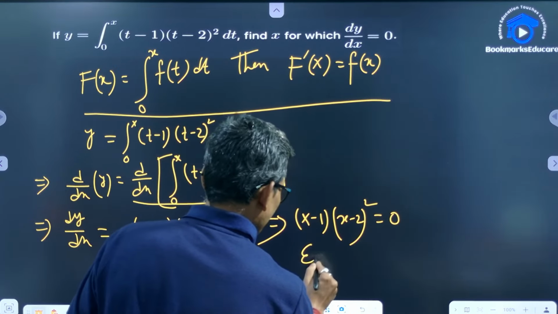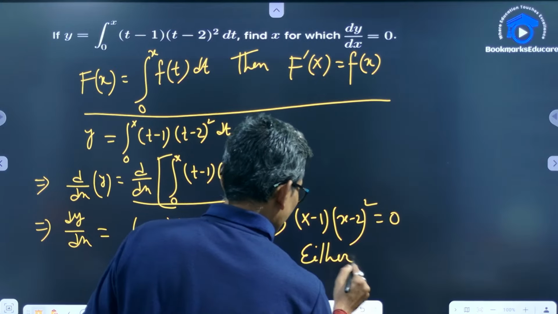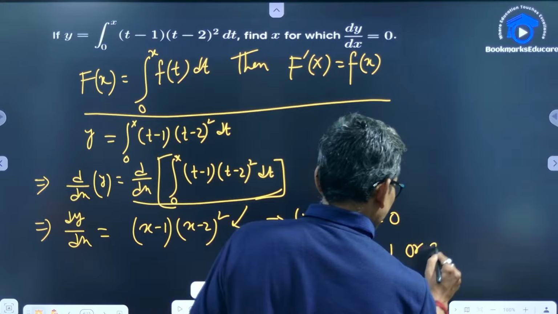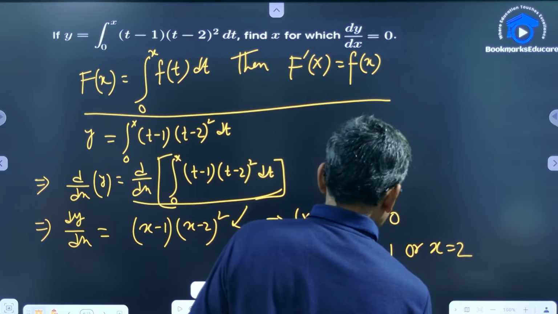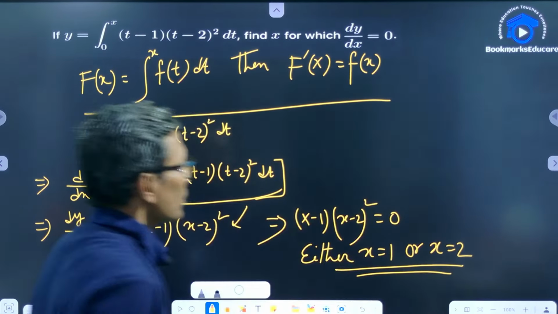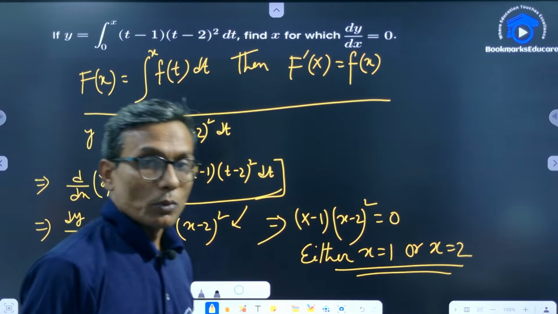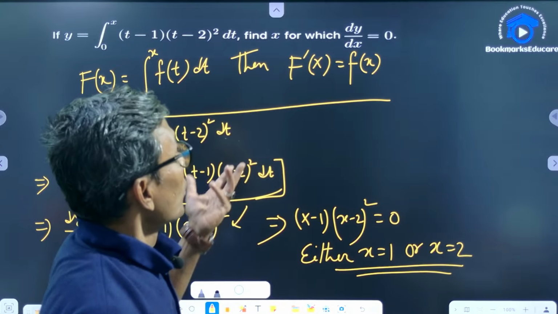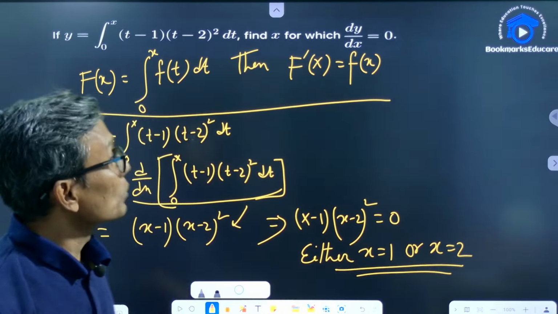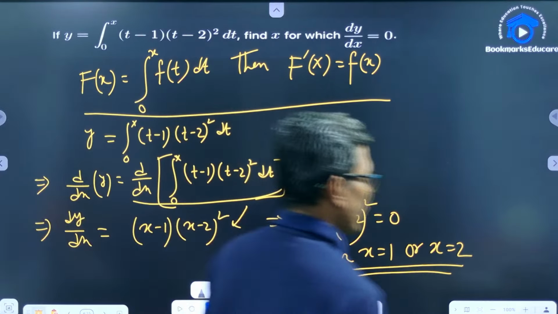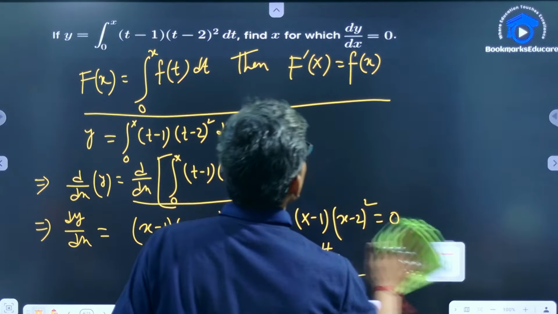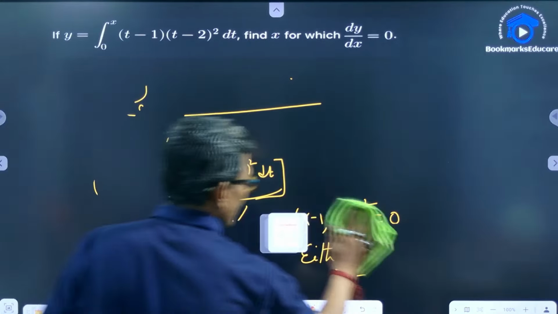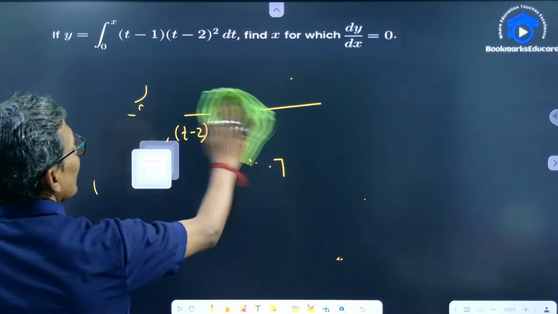So either x is equal to 1 or x is equal to 2. For x equal to 1 or x equal to 2, dy by dx will be 0. Okay. Now we are going to the next sum.